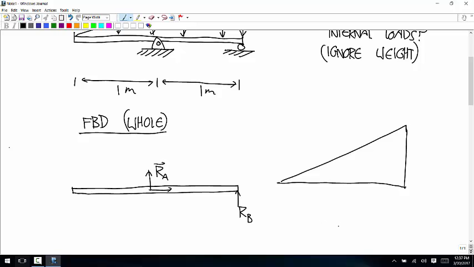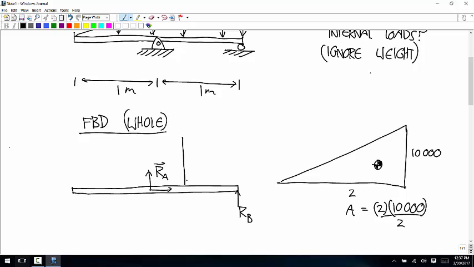It's a triangular shape with a base of 2 meters and a height of 10,000 newtons per meter. And so the total area, the total force, is 2 times 10,000 divided by 2. And the centroid is 1/3 of the way from the wall side to the point side.